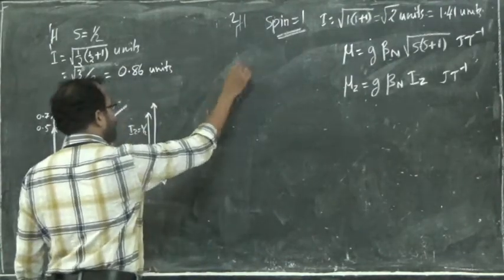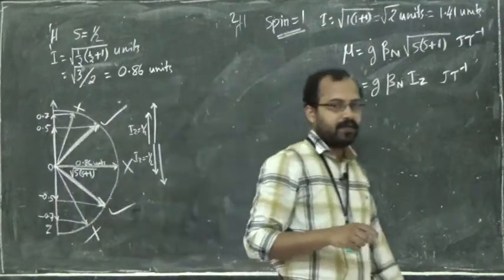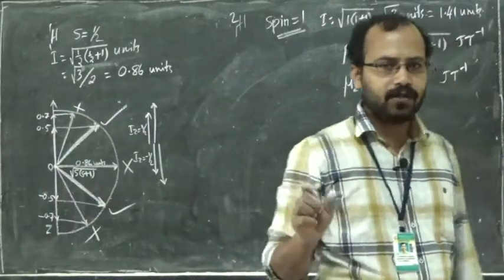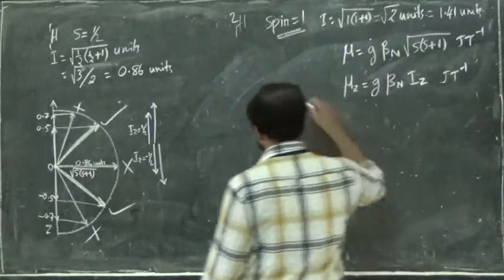Let us consider that we are creating a magnetic field using a horseshoe magnet, like this.